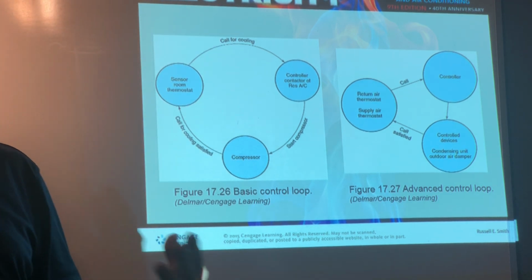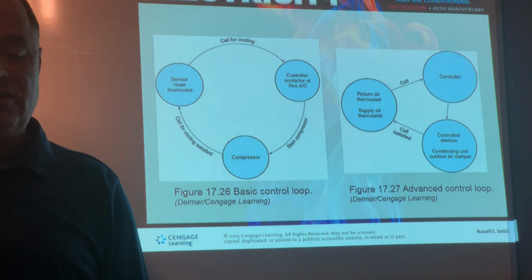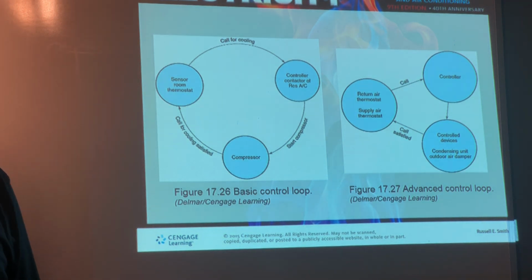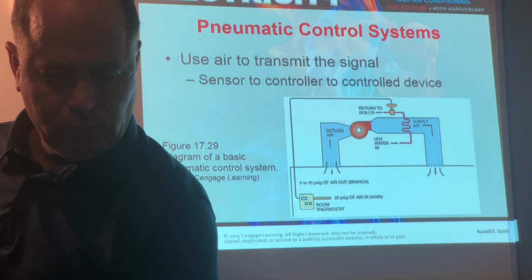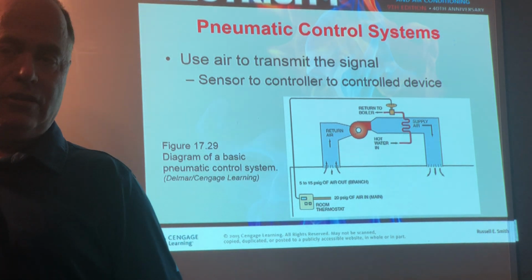And we have many different ones, more complicated in commercial industrial applications, but we're going to look at some of these things that are part of that now. Older systems, pneumatic controls.